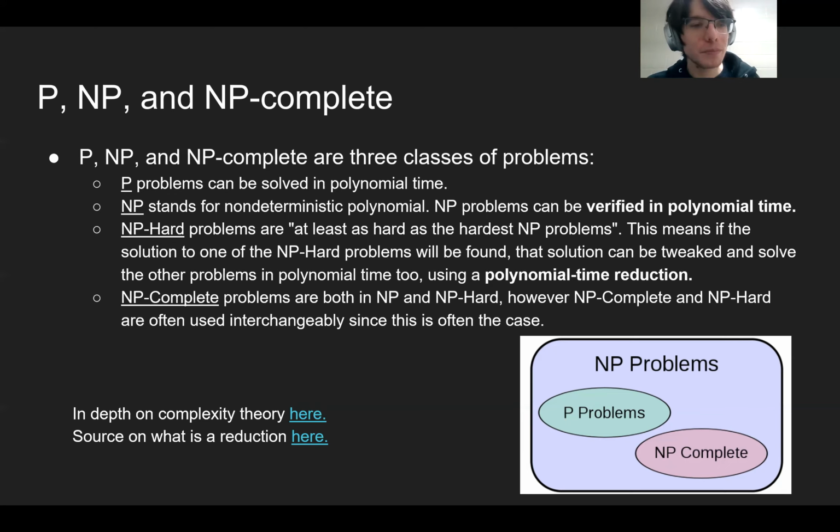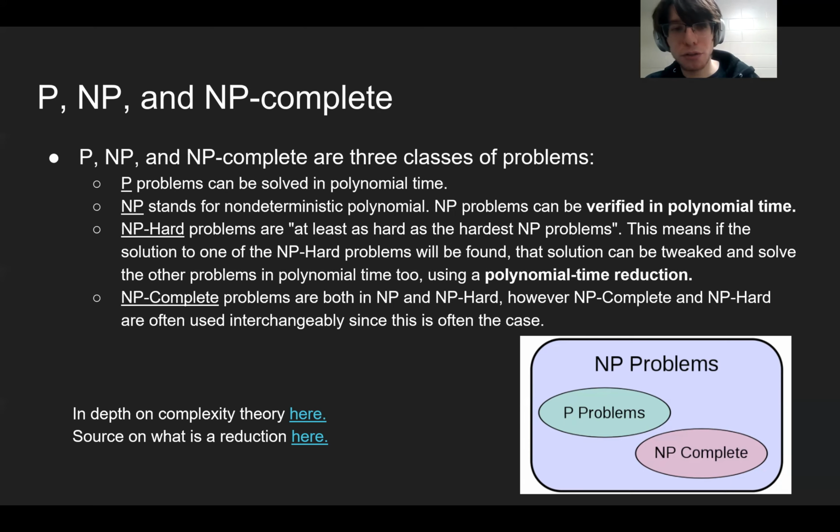That just means there is some algorithm to solve the problem that doesn't require exponential time. For example, O of 1, O of n squared, O of n cubed, O of log n. Anything that's not exponential is in the class P.